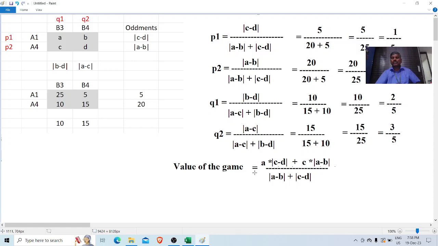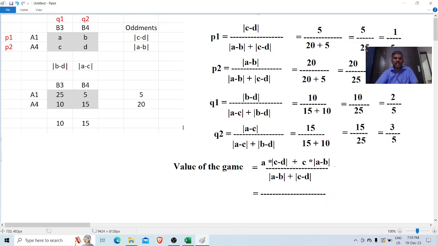Now we will substitute the values for all these A, B, C and D. Then we can find the value of the game. Value of the game is equal to A into modulus of C minus D. What is the value of A?